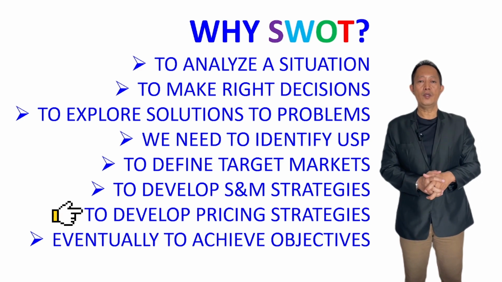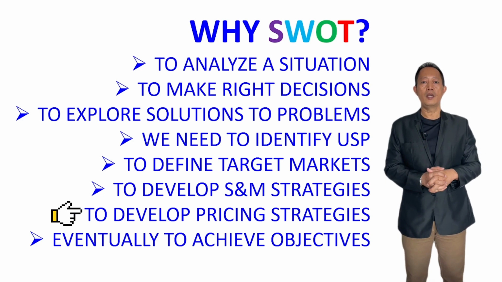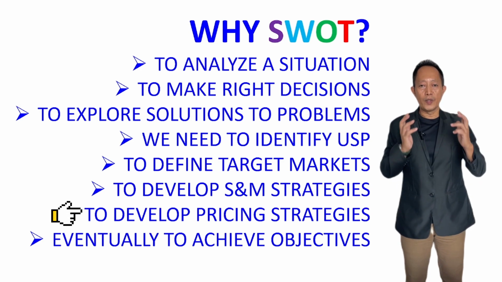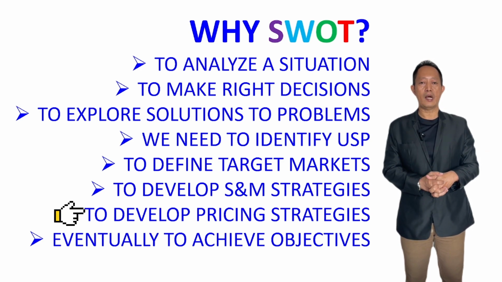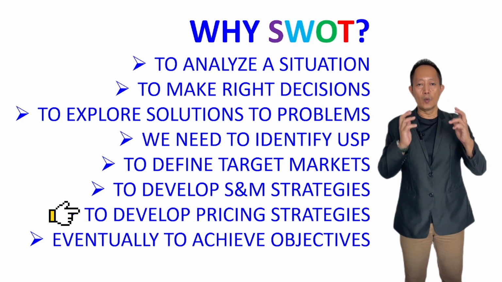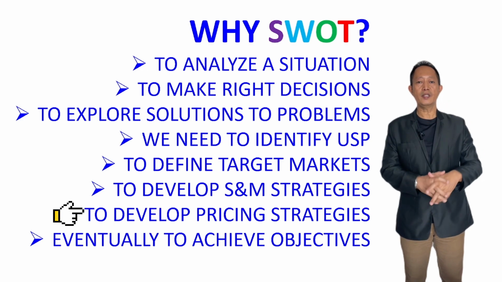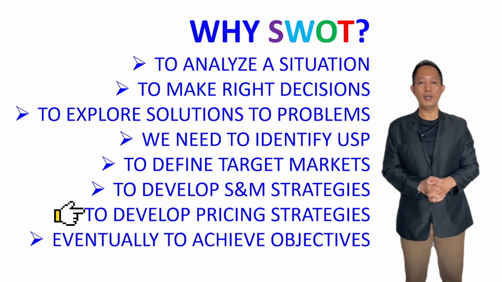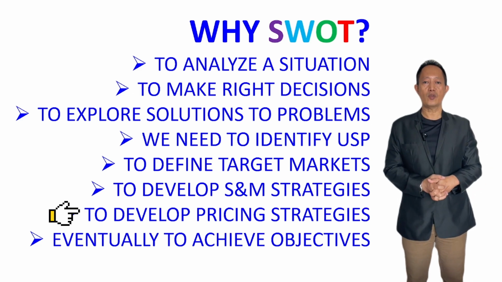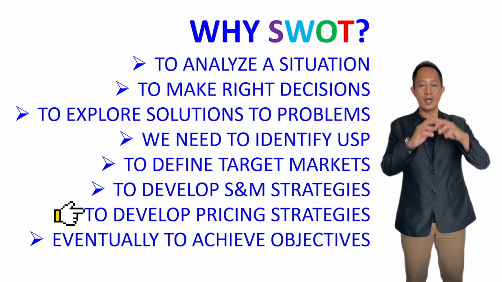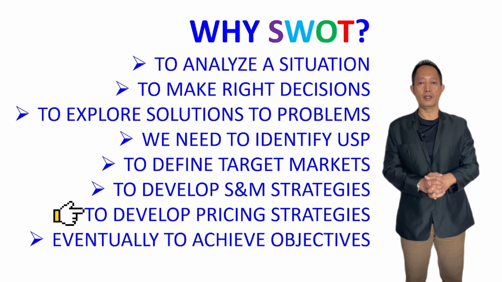When we do strengths and weaknesses, we compare ourselves with our competitor. If we have more strengths than our competitor and very few weaknesses compared to our competitor, our pricing strategy should be selling higher than our competitor.